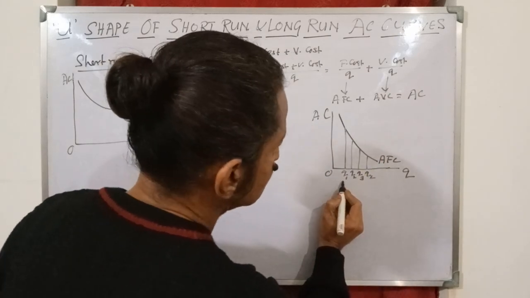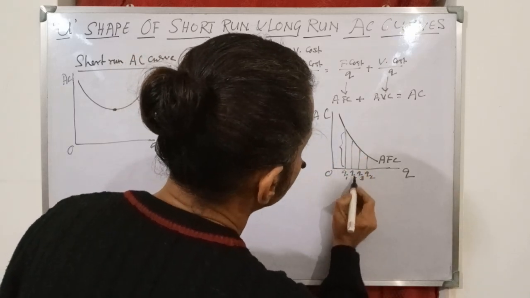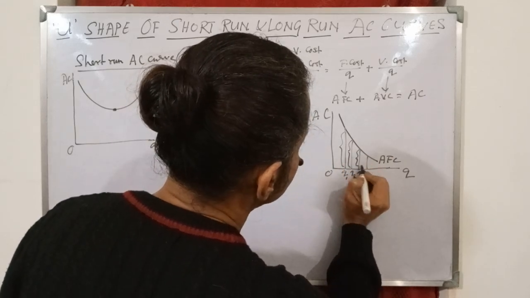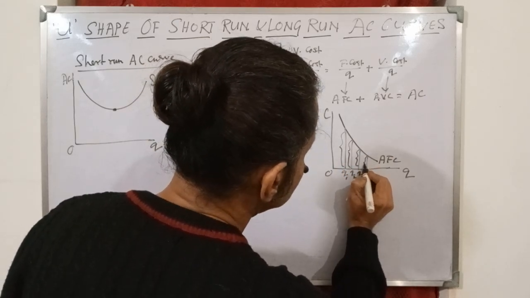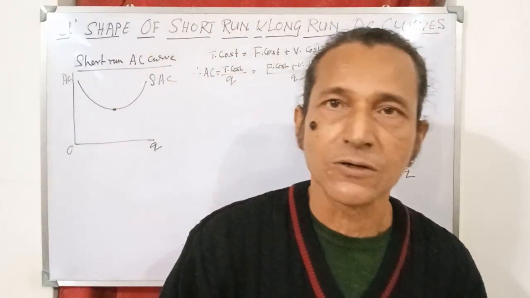At Q sub 1 output, this was average fixed cost. At Q sub 2, this is average fixed cost. At Q sub 3, this is average fixed cost, and at Q sub 4, this is average fixed cost. So as production increases, average fixed cost goes down.